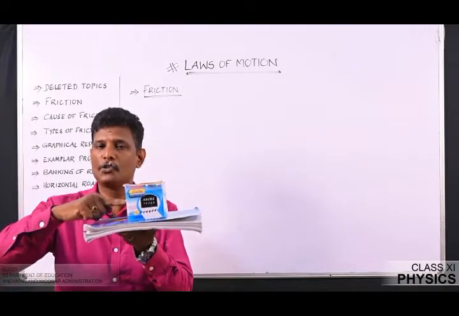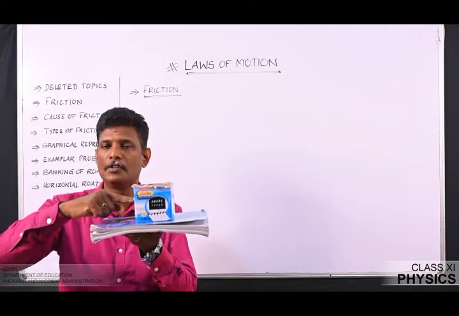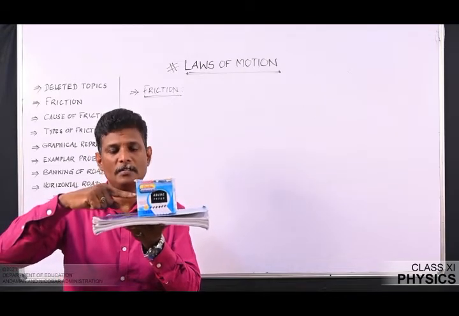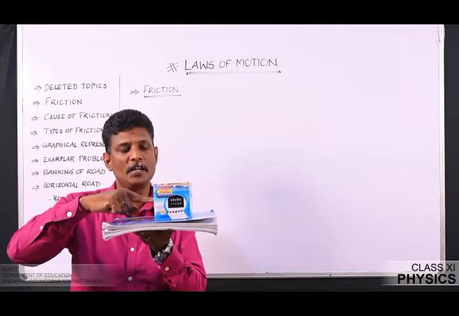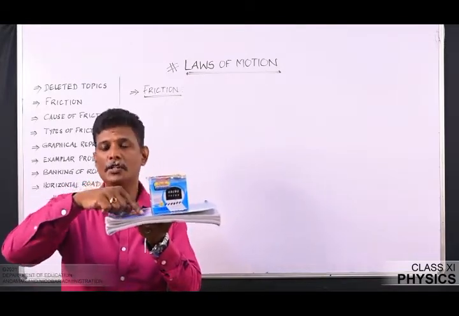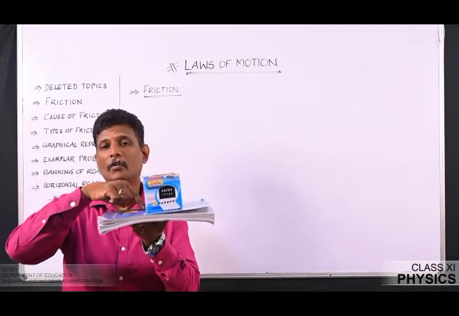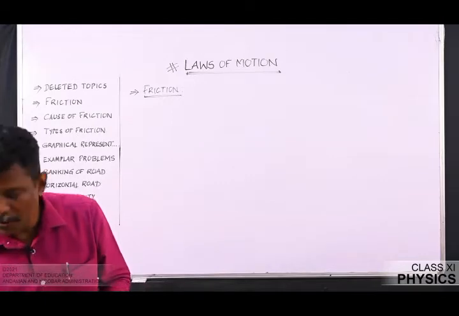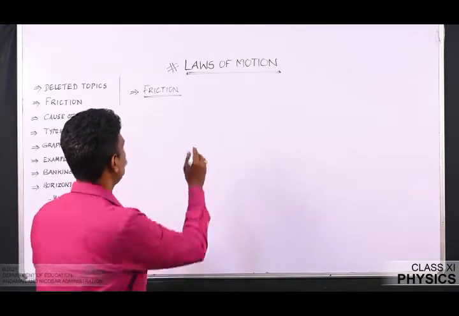I am applying a minimum force, but the body is not moving, and if I apply sufficient force, then the body starts moving. So the frictional force which comes into play between the contact places is simply a contact force.